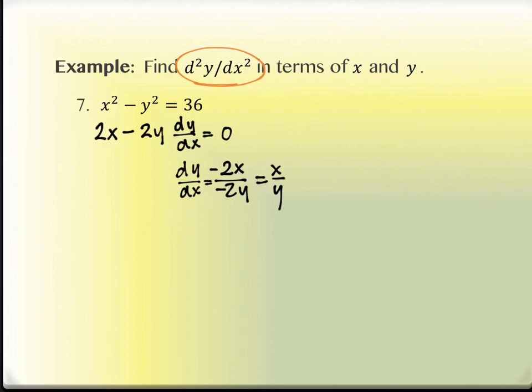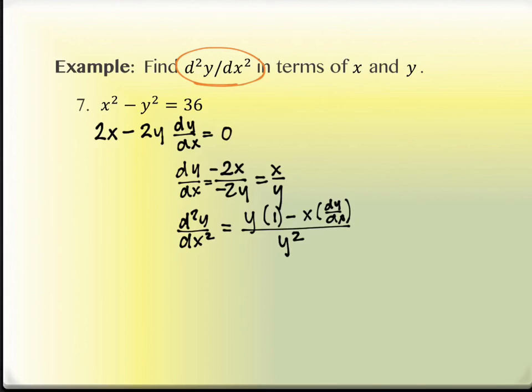So, dy/dx becomes d2y/dx2. The x over y is a quotient rule, so let me run through that with you really quickly. We do the denominator times the derivative of the numerator, which is 1, minus the numerator, which is x, times the derivative of the denominator, which is dy/dx, over the denominator squared.